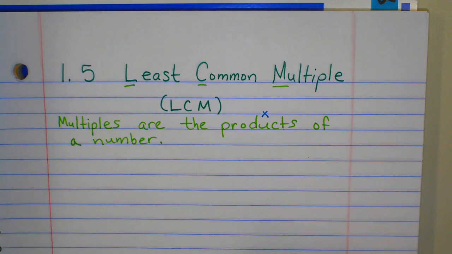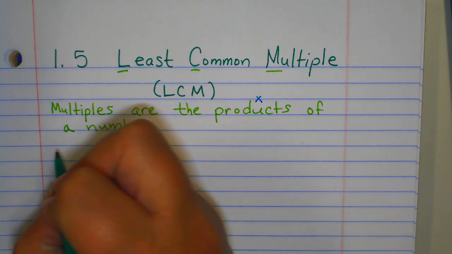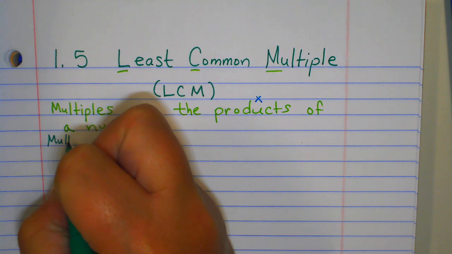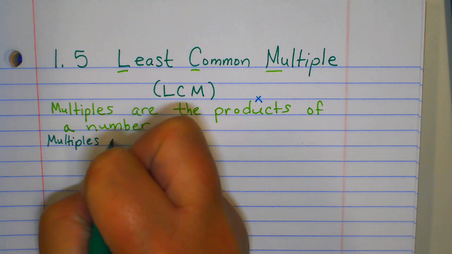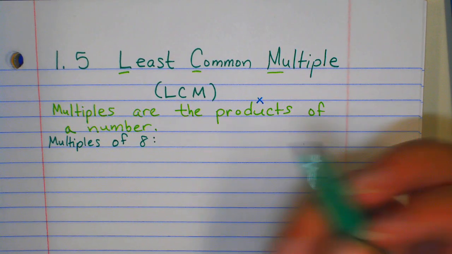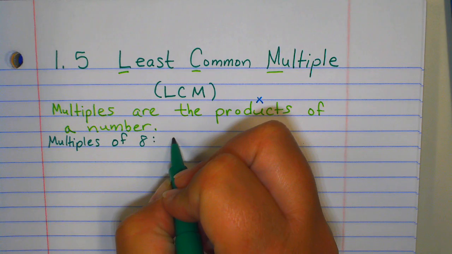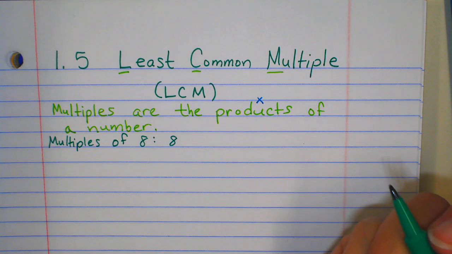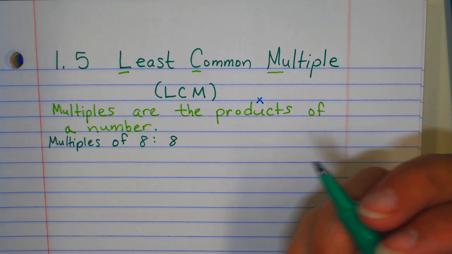For instance, if I take the number 8 and try to find all the multiples of 8, I would start with the first one: 8 times 1 is just 8. So the very first multiple will always be the number itself.